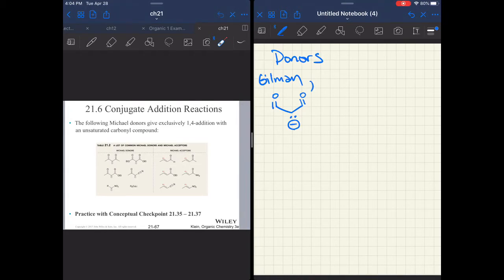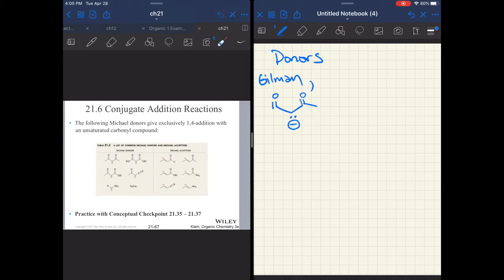You don't want a carboxylic acid, but you could have a ketone, an ester and a ketone. You could even have a nitrile. Remember, nitriles behave very similarly to other carboxylic acid derivatives. Esters and ketones and aldehydes work the best because the carbonyl carbon isn't as reactive as, say, an acid halide.